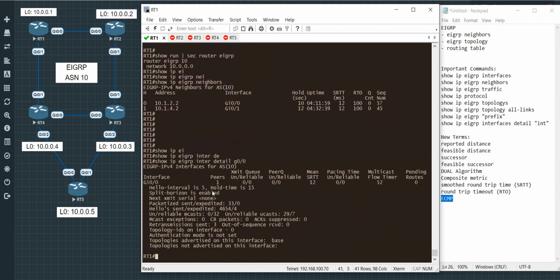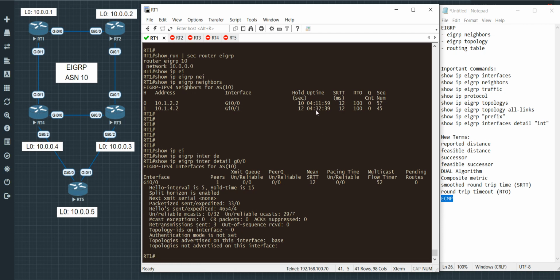For this particular neighbor, the hold timer is 15 and the hello interval is set to 5. It's important to know how to find these values so that if you're troubleshooting an issue and your neighbor keeps bouncing, it's possible that it's reaching the hold timer value, and this is where it tells you what it's set to.